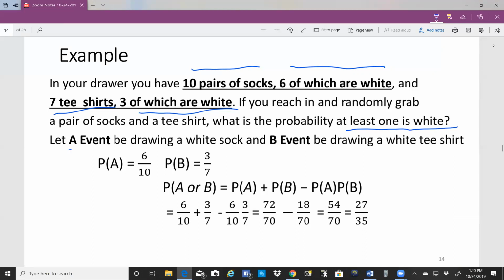Okay, well, let's set up. Let A be the event of drawing a white sock and B be the event of drawing a white t-shirt. Now, it's pretty obvious that the probability of drawing a white sock is going to be 6 out of 10. The probability of drawing a white t-shirt is going to be 3 out of 7.